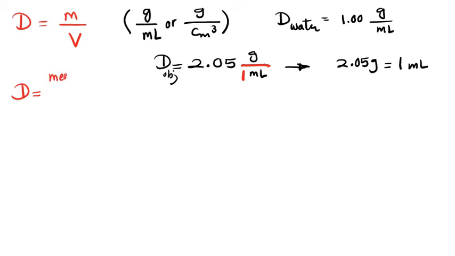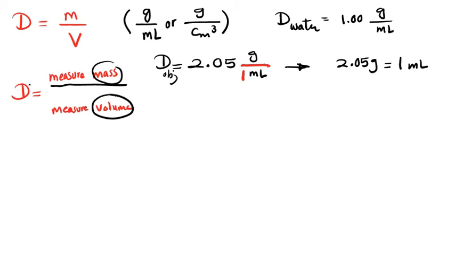We need to measure mass, we need to measure volume, and then divide mass by volume. If you divide mass by volume, you may find the density. So mass divided by volume.